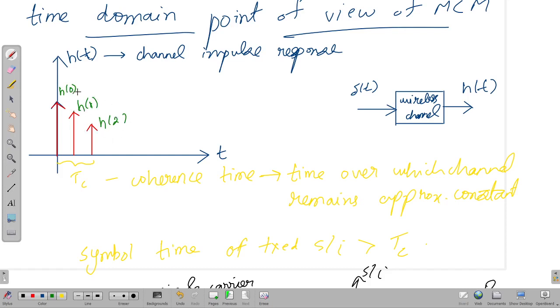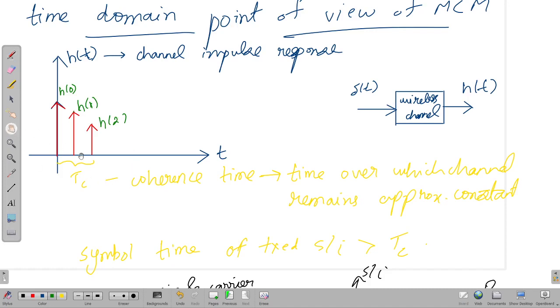These are the channel coefficients in time, where h of 0 is the channel coefficient for the first copy, h of 1 is the channel coefficient for the second copy of the signal, and h of 2 is the channel coefficient for the third copy of the signal.